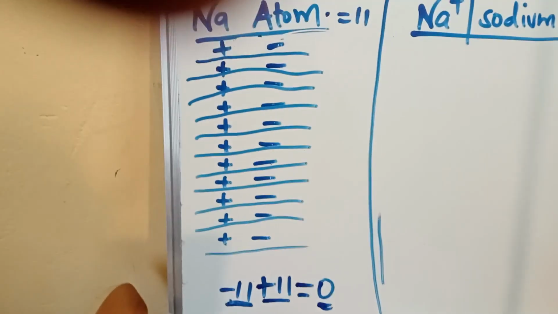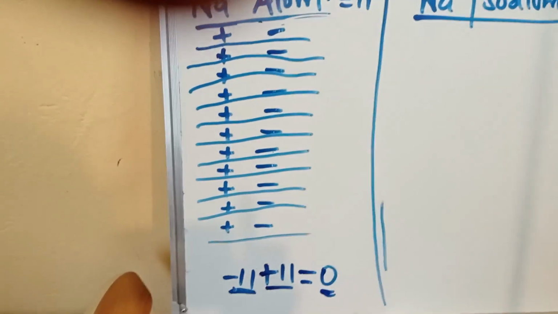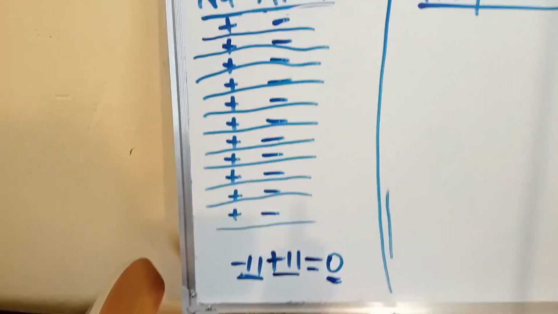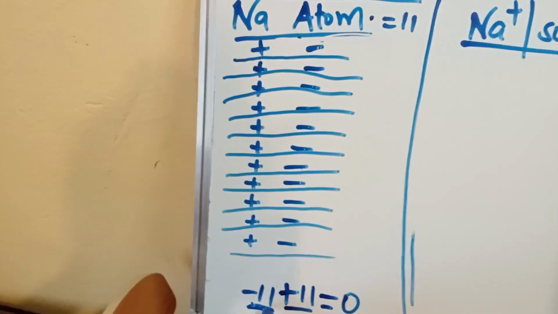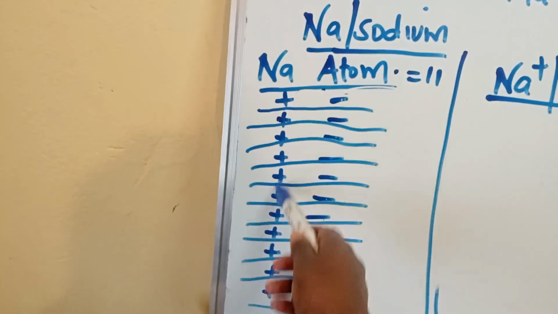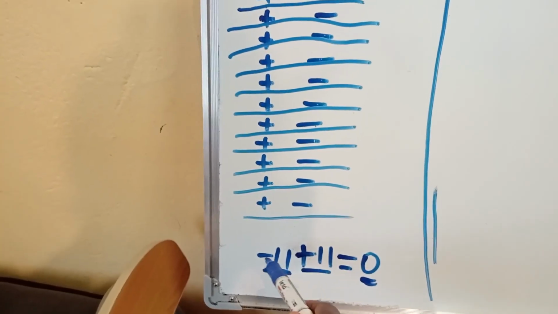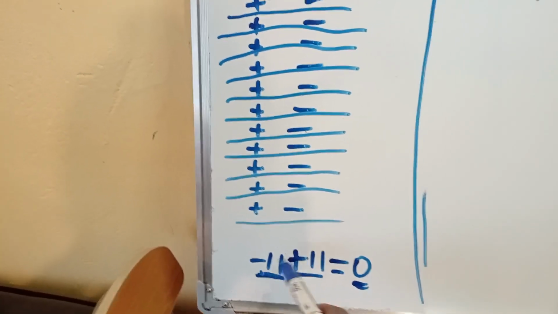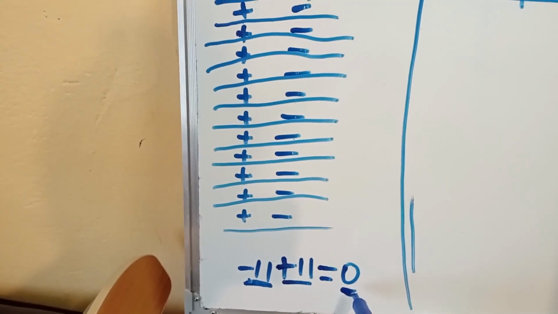So that is the simple interpretation of whatever we have, so that you can understand where the neutrality of an atom is coming from. That there are 11 negatives, these ones, and here we have 11 positives, these ones. So a debt of 11 shillings paid with 11 shillings, you end up with a 0 in your pocket.